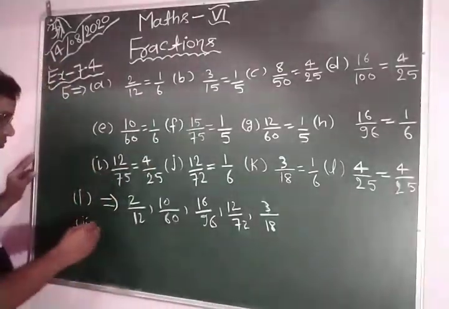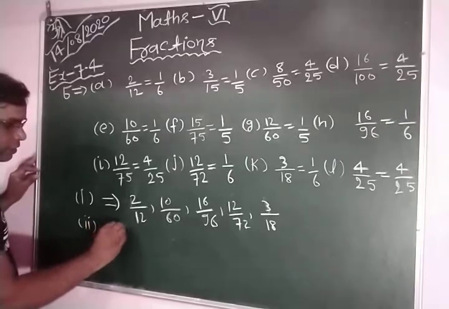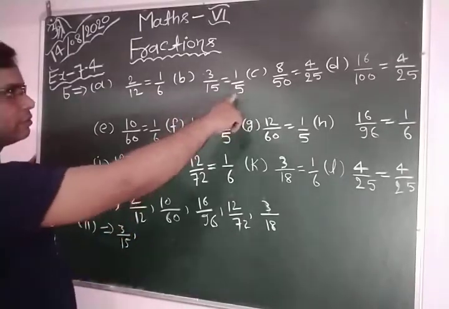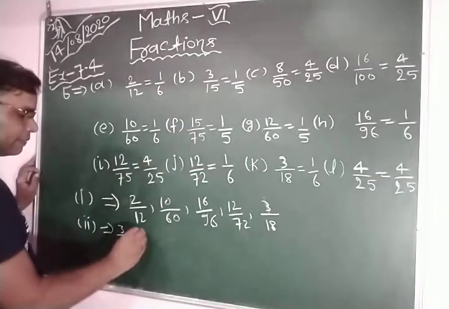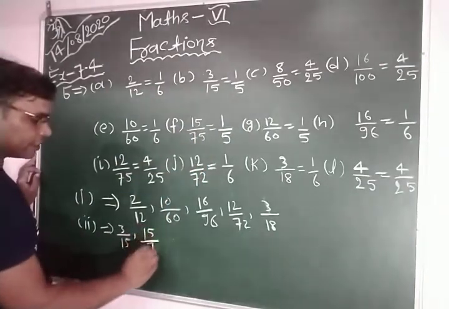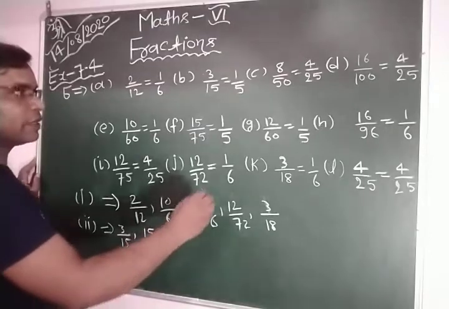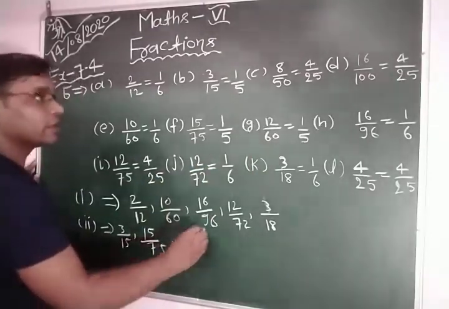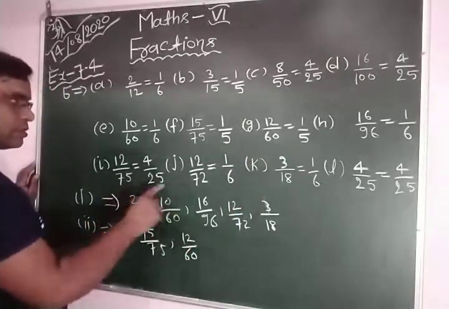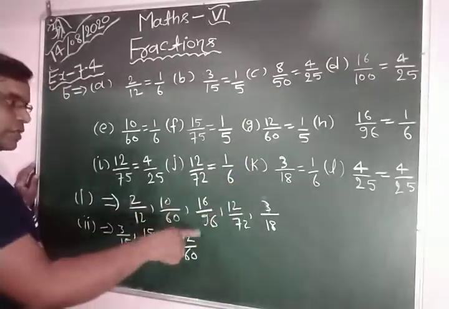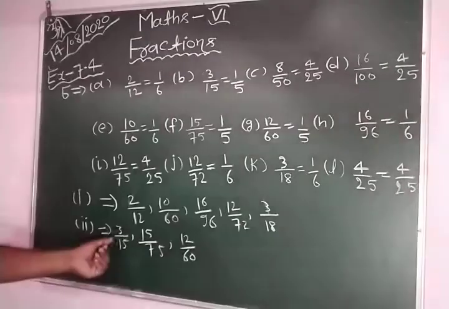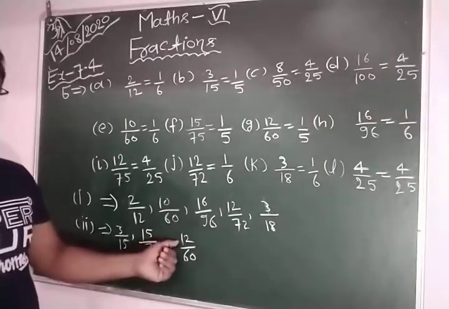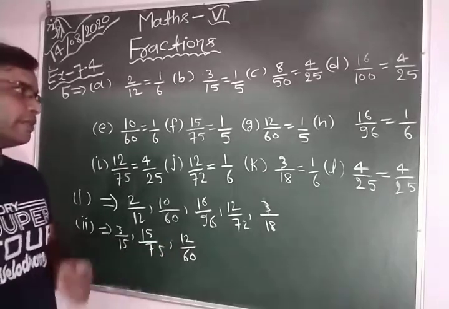Okay, 3 by 15 and 1 by 5 here, 15 by 75 and 12 by 60. After this, 3 by 15, 15 by 75 and 12 by 60 are equivalent fractions.